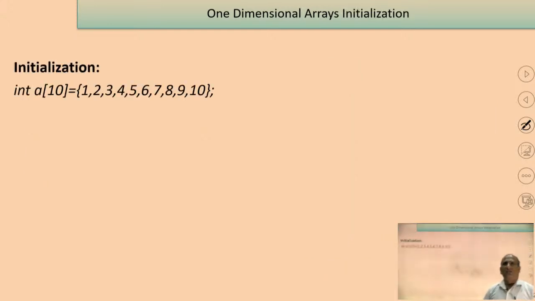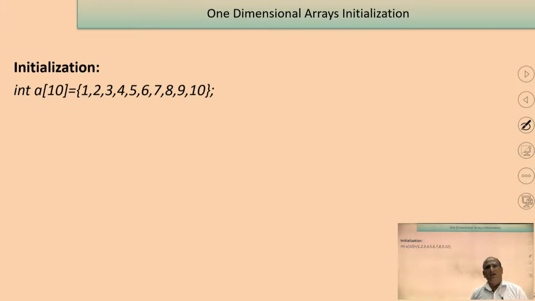Now, to initialize the elements of a one dimensional array directly, like this: int A of 10 equals, in curly braces we put the 10 comma separated values, and then we put a semicolon.